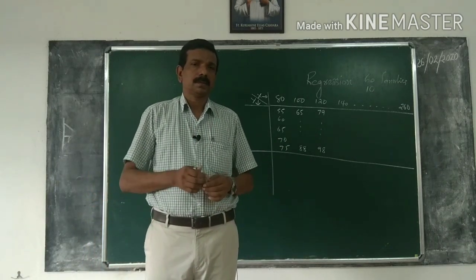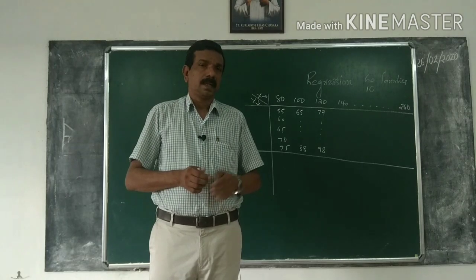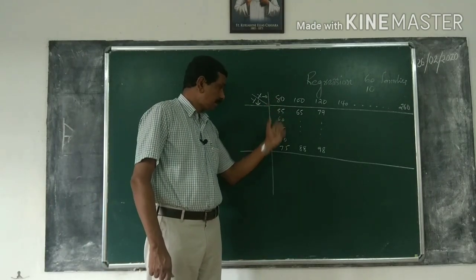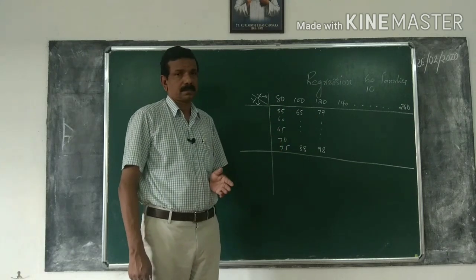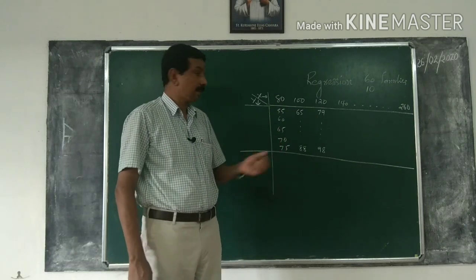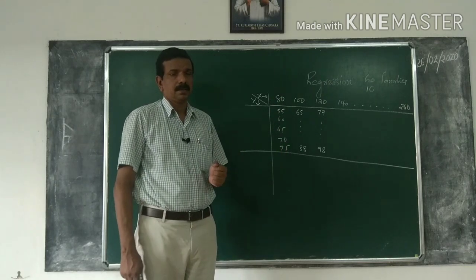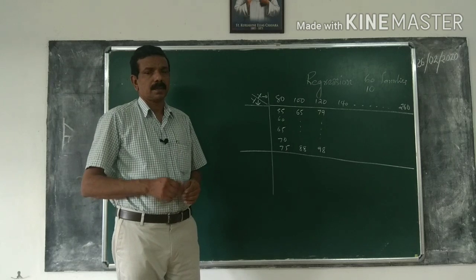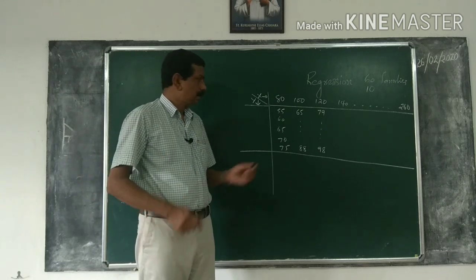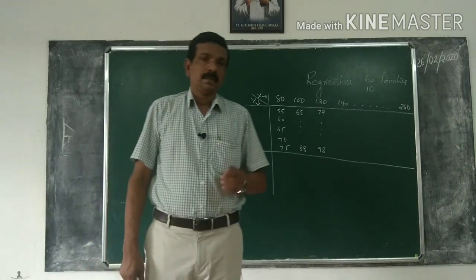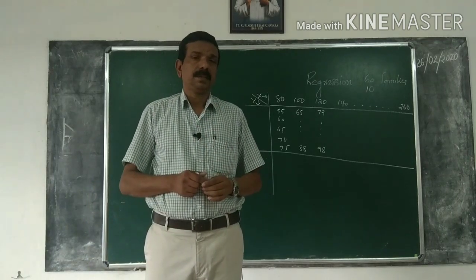This is because consumption depends, among other things, on many variables in addition to income, like wealth of the family, number of family members, and so many other factors. That is why you observe variation in consumption between families.